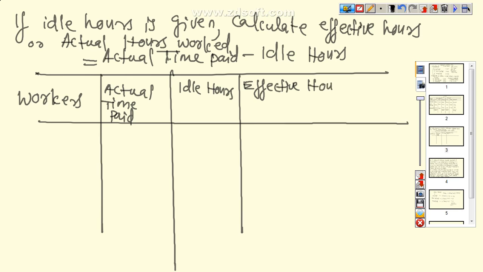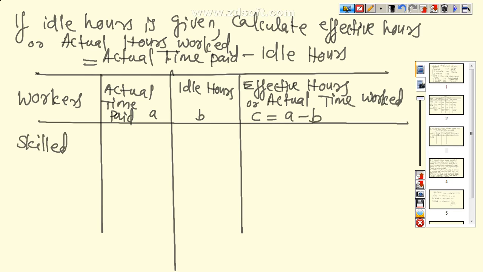It is also known as actual time worked. So we can denote this with A, this one B, and this one we can denote C, which is equal to A minus B. So there are three categories of workers: first one skilled, second one semi-skilled, and third one unskilled.